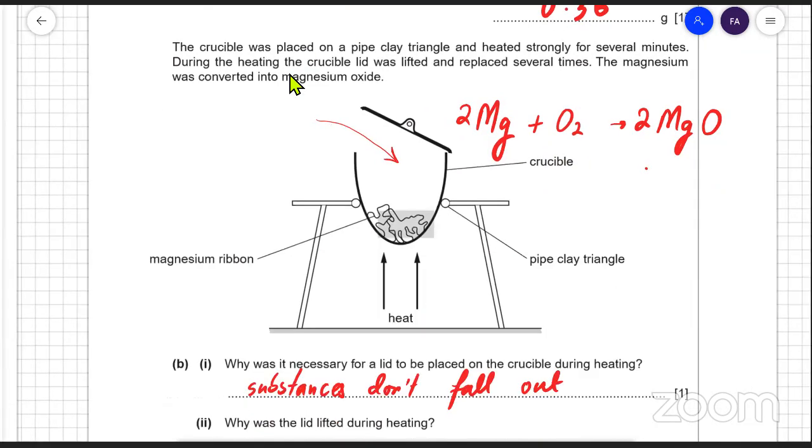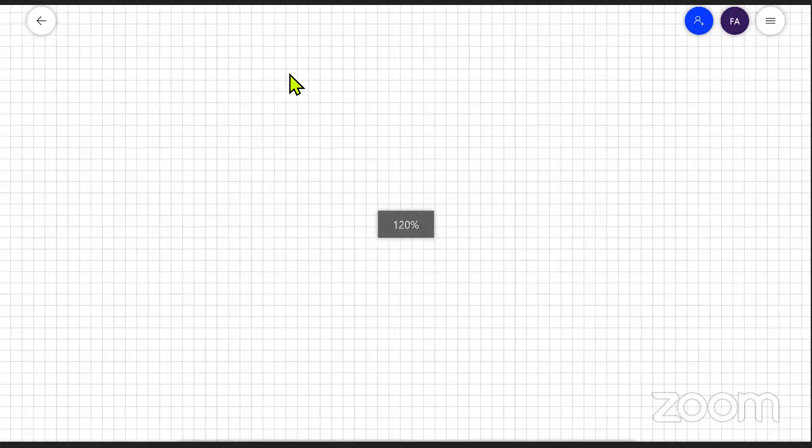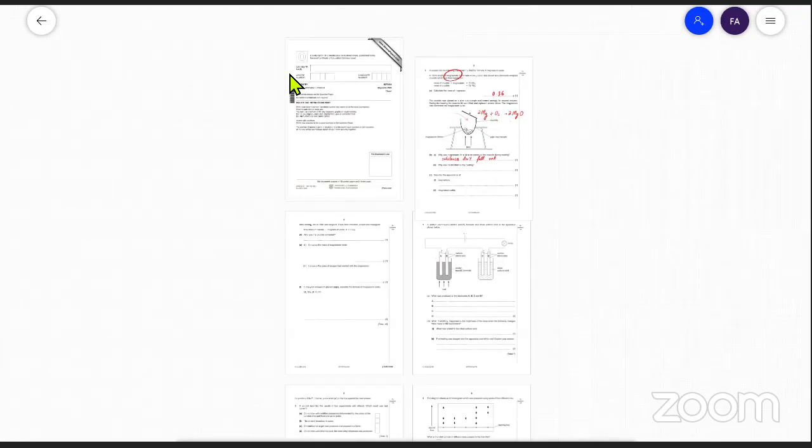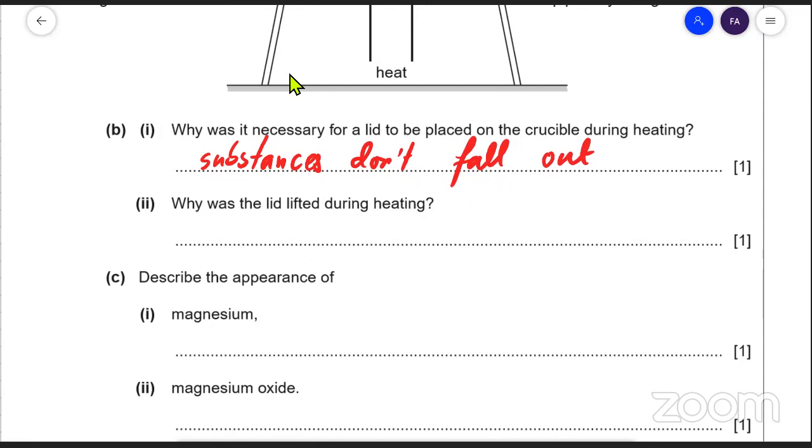So that is why the lid was lifted. So let's go back. Why was the lid lifted? So that oxygen gas can enter.